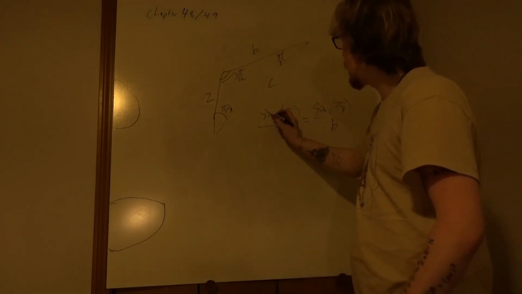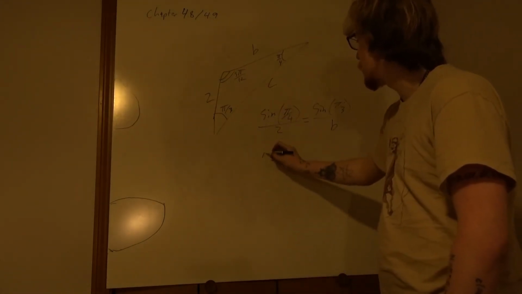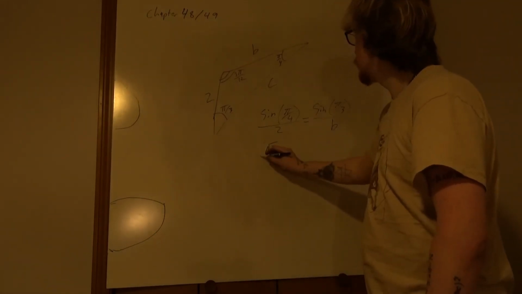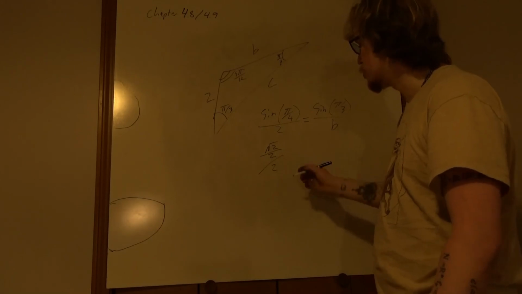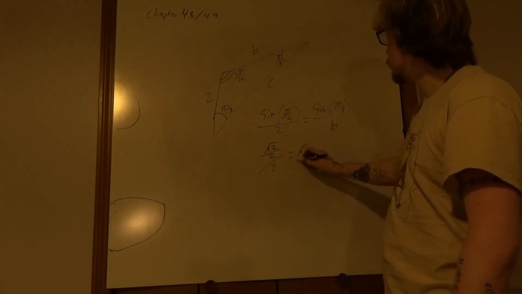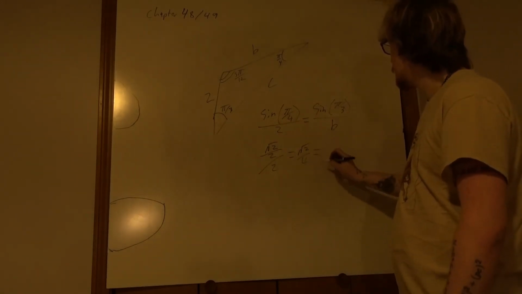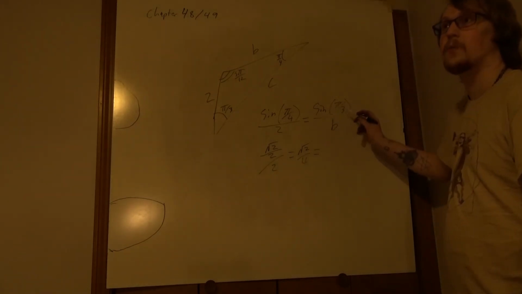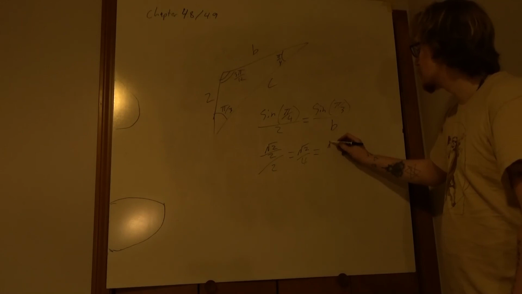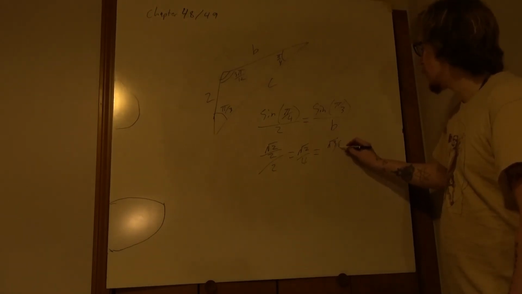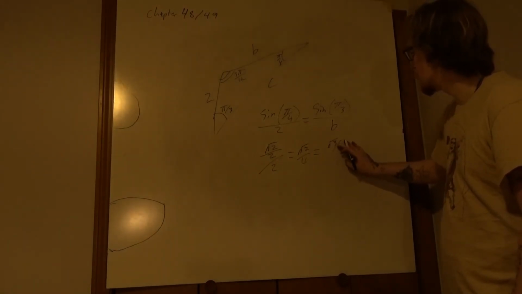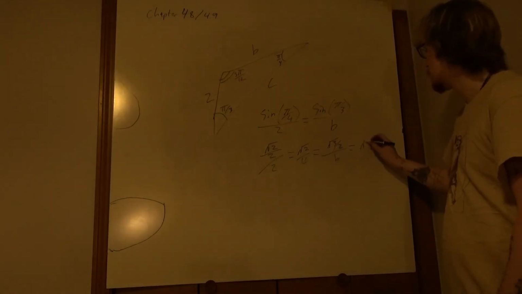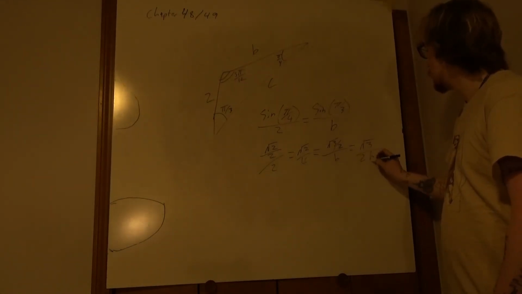So what is sine of pi over 4? It is root 2 over 2, which is going to be root 2 over 4. And this is going to equal, what is the sine of pi over 3? Well, sine of pi over 3 is root 3 over 2 over b, which is going to be root 3 over 2b.